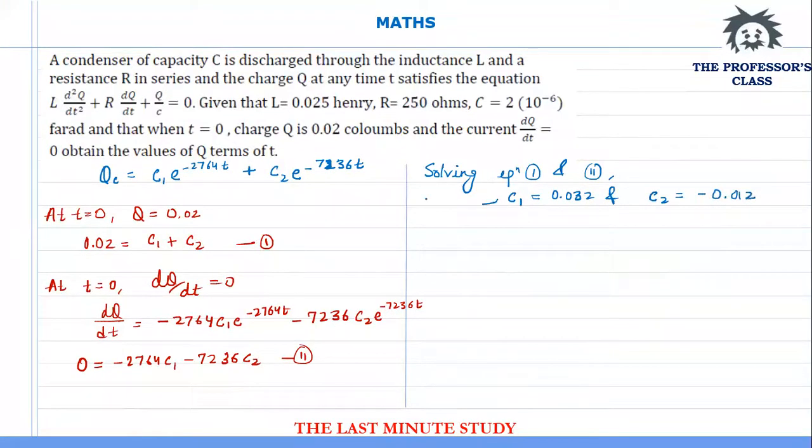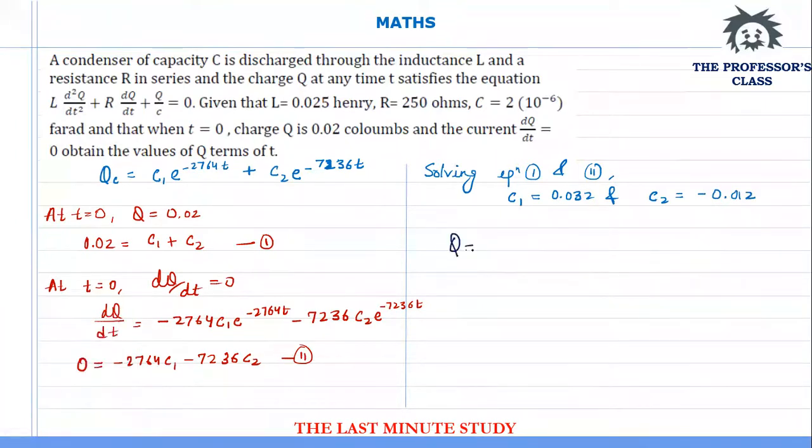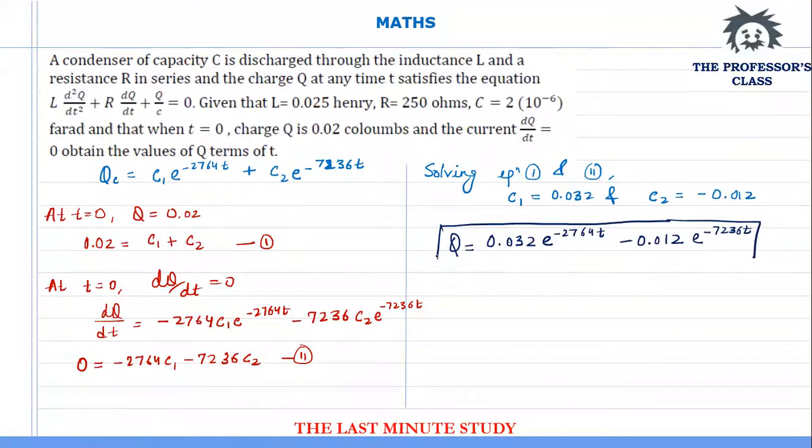These values we can substitute in the equation of q, so that you get the final answer of q, which is, in place of C1 you have 0.032 e raised to the power minus 2764t minus 0.012 e raised to the power minus 7236t. So this is the final answer for the equation of q in terms of time t.